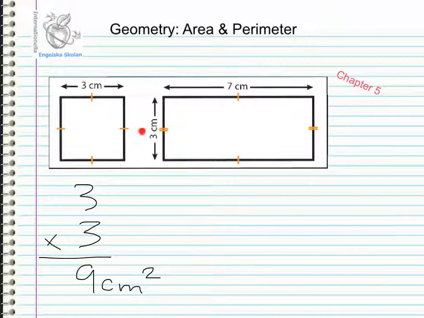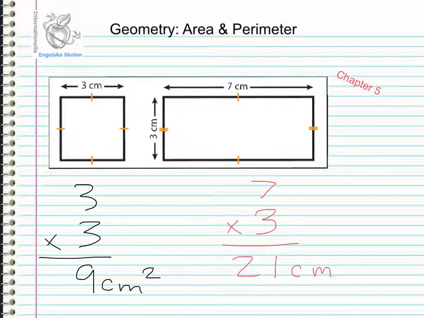Whereas the second shape has a length of 3 centimetres and a width of 7. So if we multiply those together, we have 7 times 3 equals 21. Remembering to put our unit of measurement in. So the answer is 21 centimetres squared.